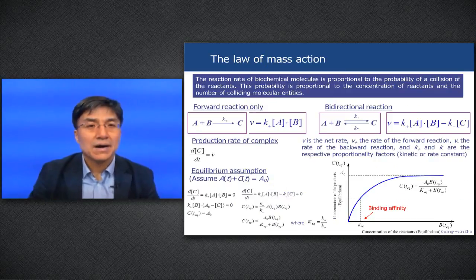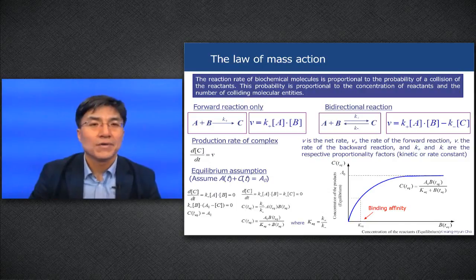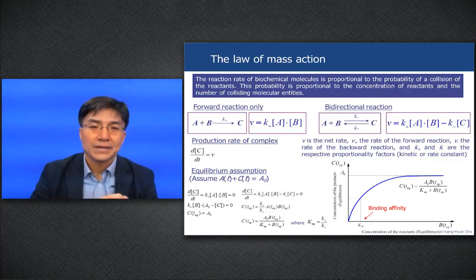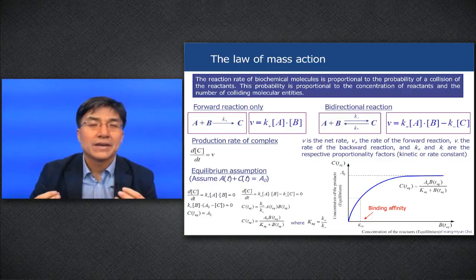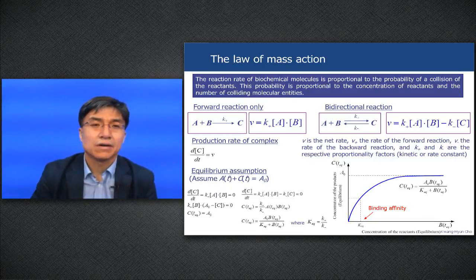The mathematical modeling of these molecular reactions is mostly based on the law of mass action. The assumption is like this. Molecules are assumed to freely move around, and if they collide with each other, then there is a chance to produce another product.